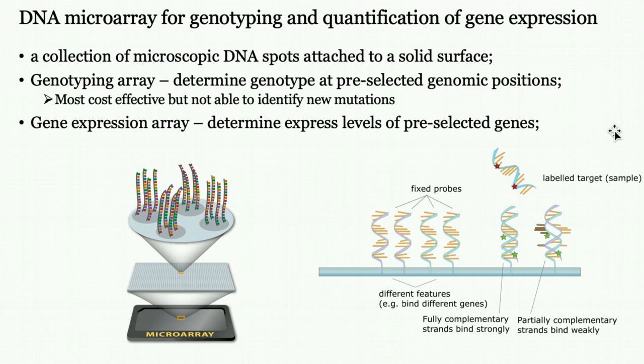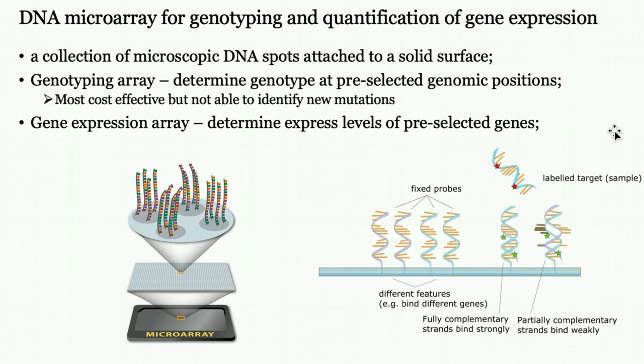We can design one oligonucleotide to match one allele, the other oligonucleotide to match the other allele. So when we apply the DNA of a participant to this microarray, we can look at which position is bound to the target DNA. So we can identify what kind of genotype that individual carries.